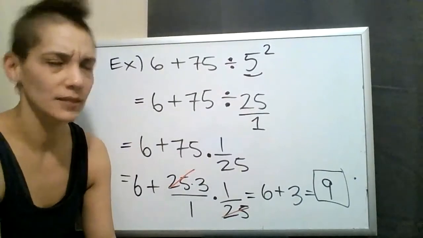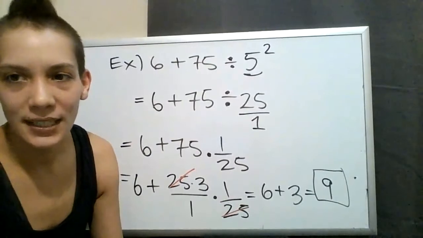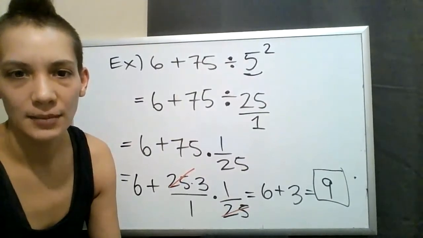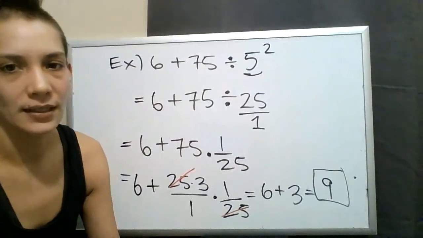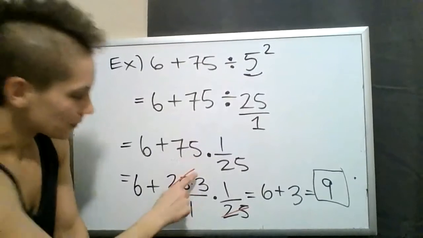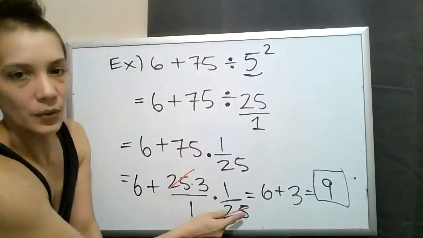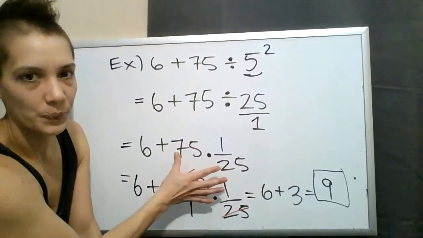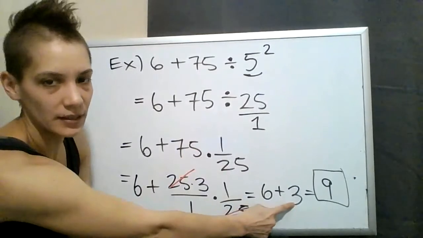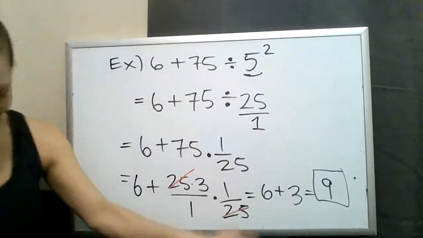That makes sense? Maybe you wouldn't do this stuff here, but I just wanted to break this up so I know how I simplified 75 over 25 and got to 3. Let's do another one.